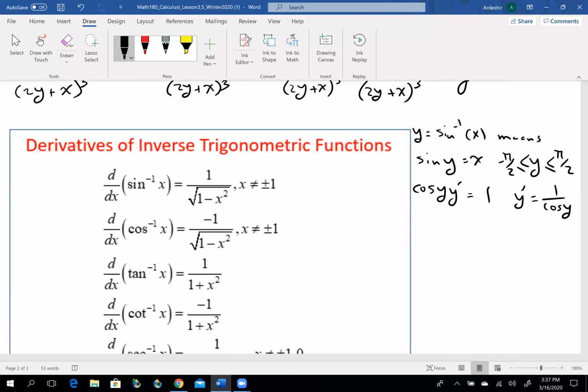Now remember that the mother formula for the trigonometric functions was sine squared of y plus cosine squared of y equals 1. So I can say cosine squared of y is equal to 1 minus sine squared of y.